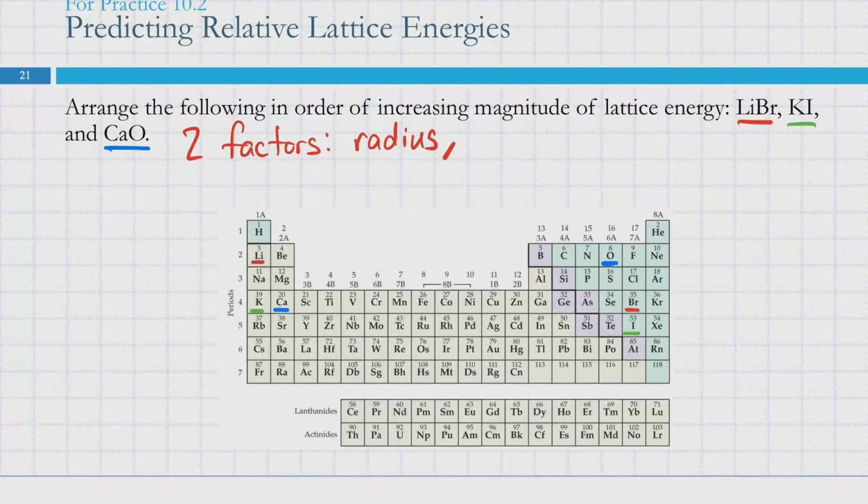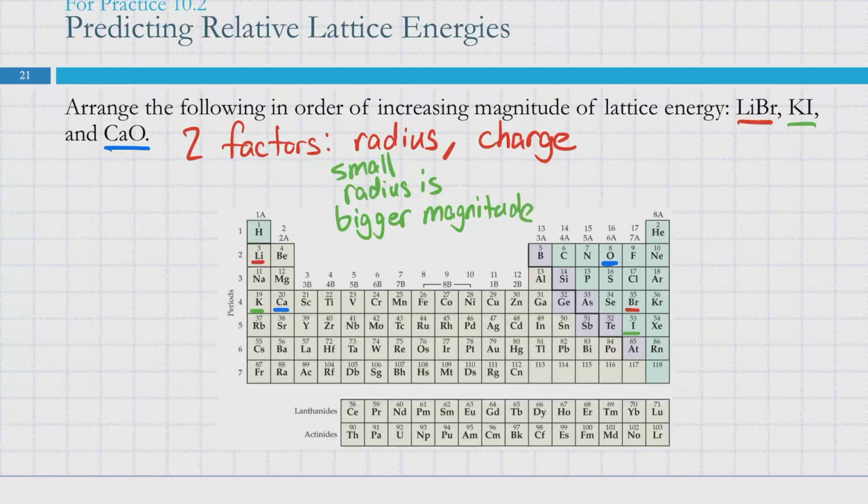Big radius, small radius. So small radius is bigger magnitude. What about for charge? Does a small charge or a big charge produce a larger lattice energy? Yeah, bigger charge, bigger lattice energy.